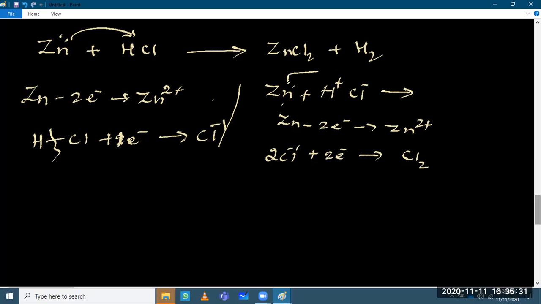So overall I can write here, zinc undergoing conversion into Zn2+, whereas the chloride gets converted into chlorine gas. Here this chlorine combines with zinc, it forms 2Cl minus only, plus hydrogen H2.